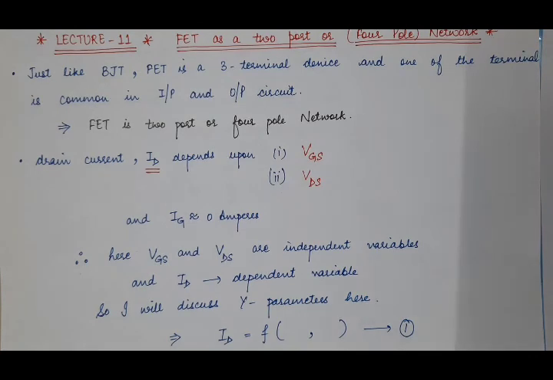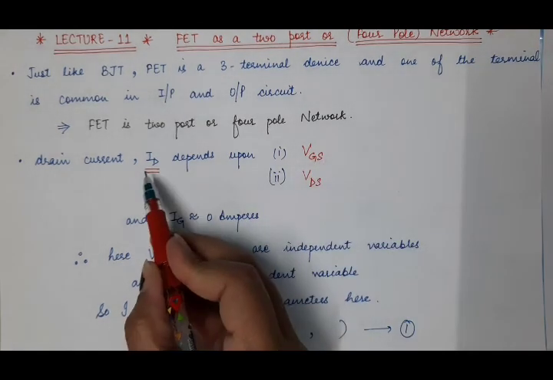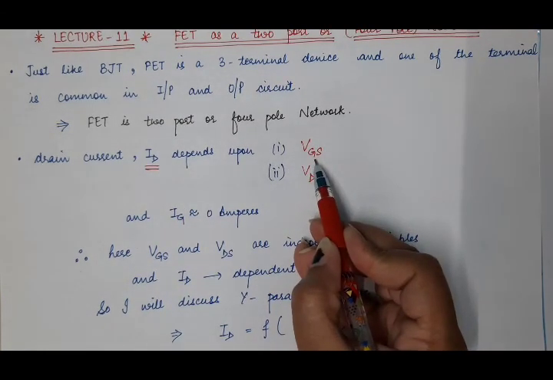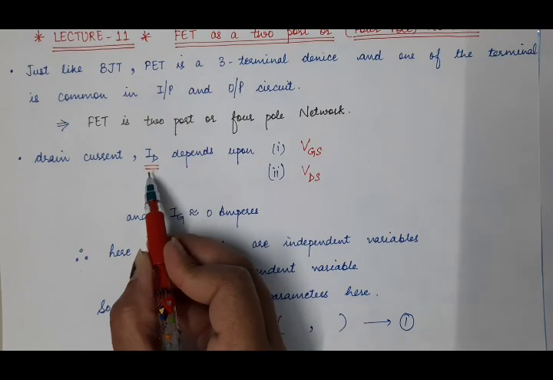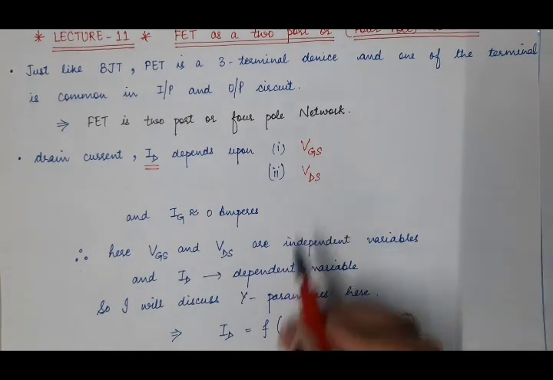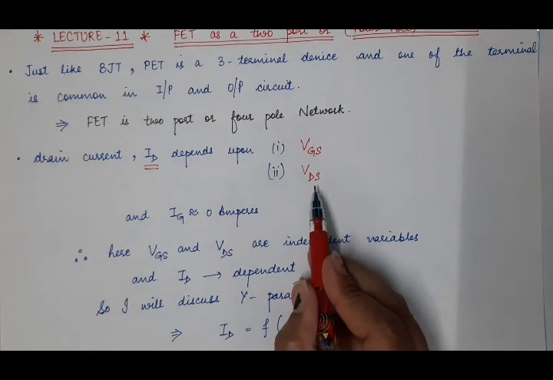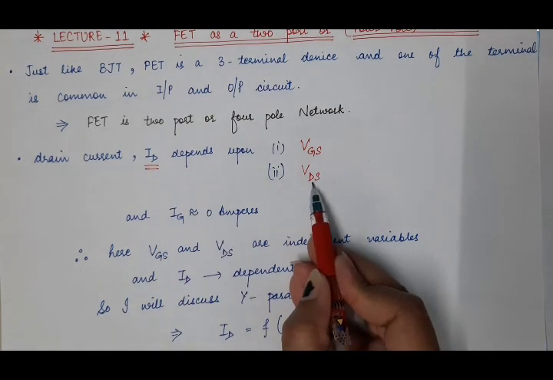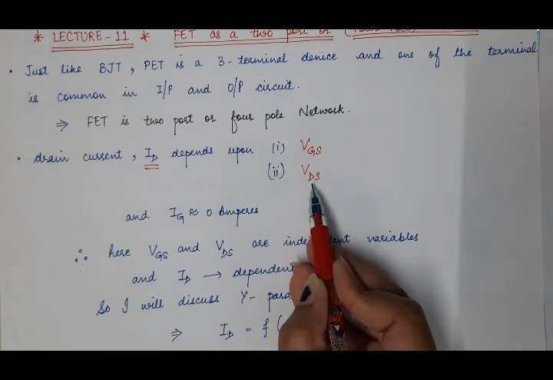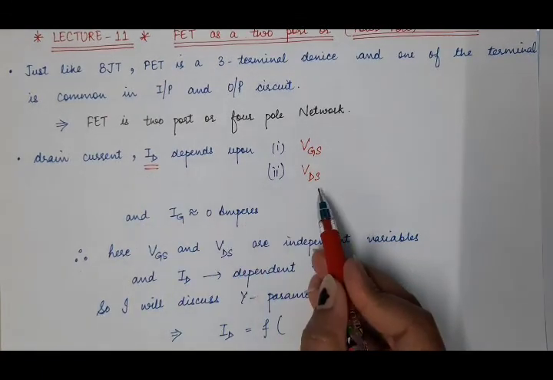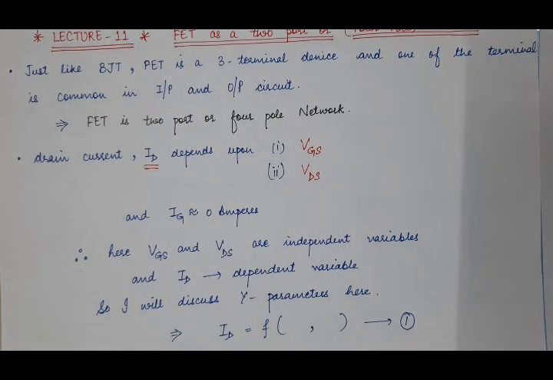In transfer characteristics, we know that this drain current ID varies by changing the voltage at the gate terminal, and this drain current ID also varies by changing the voltage at the drain terminal. But here the variation of ID with respect to VDS is large when the value of VDS is small, but when the value of VDS is very high, that is in the saturation region, the variation in ID corresponding to VDS is small.